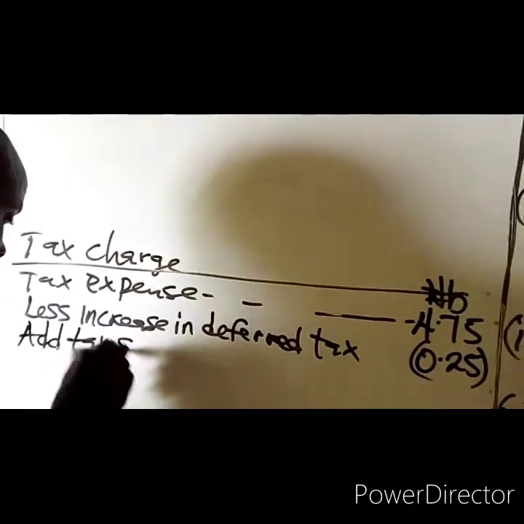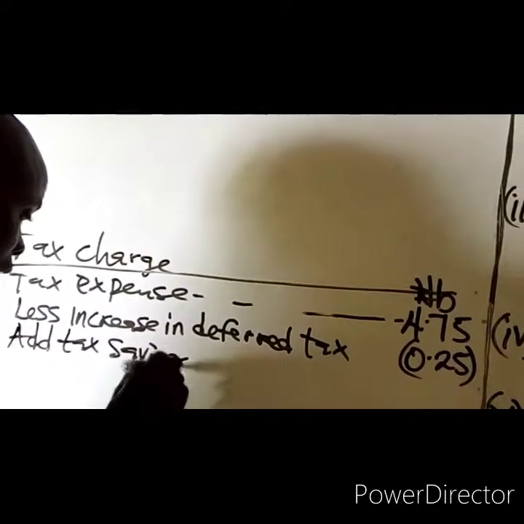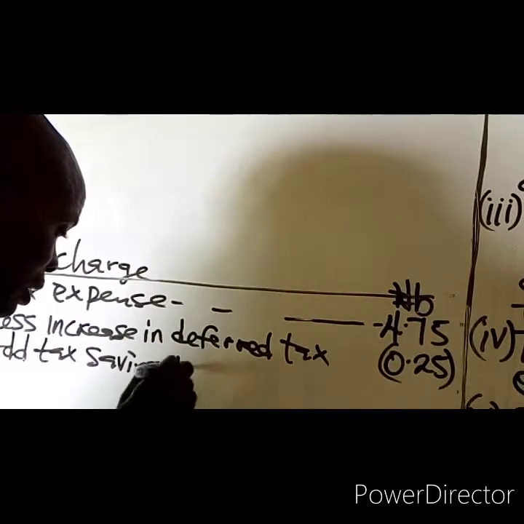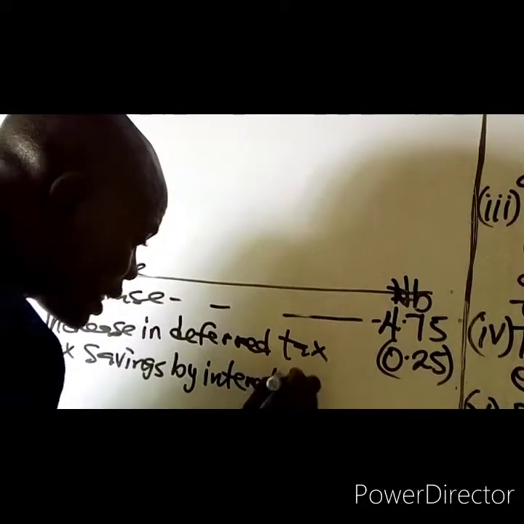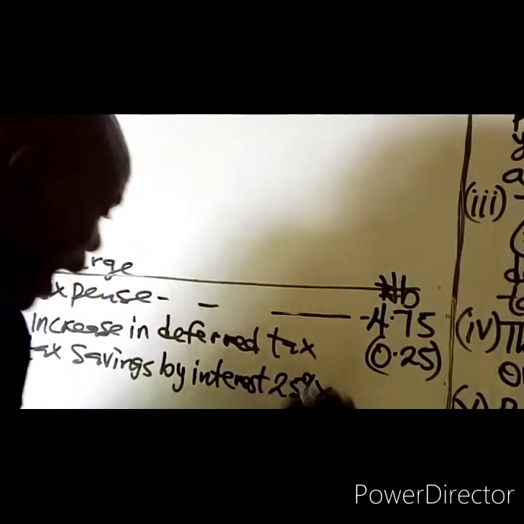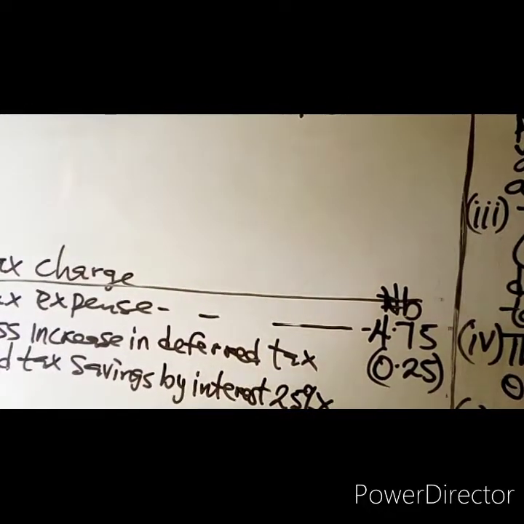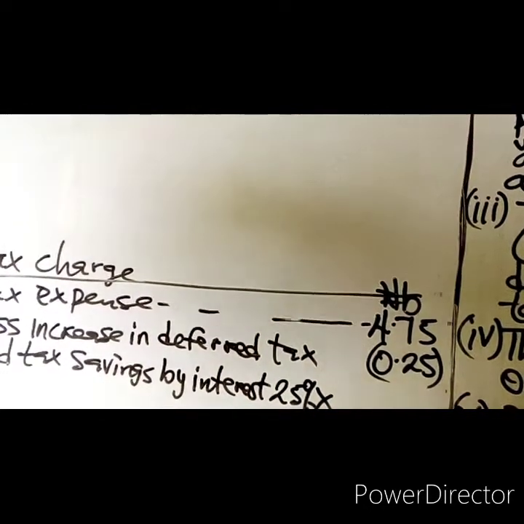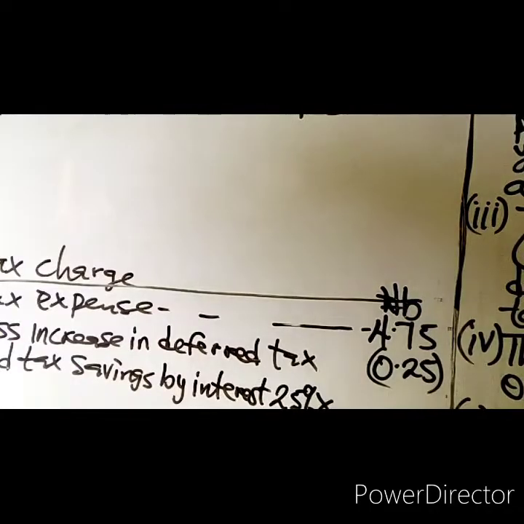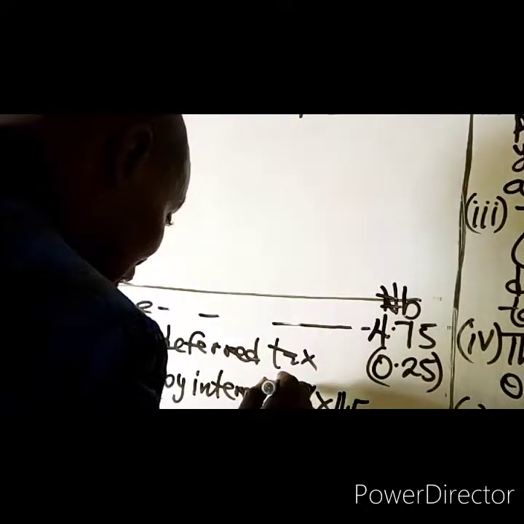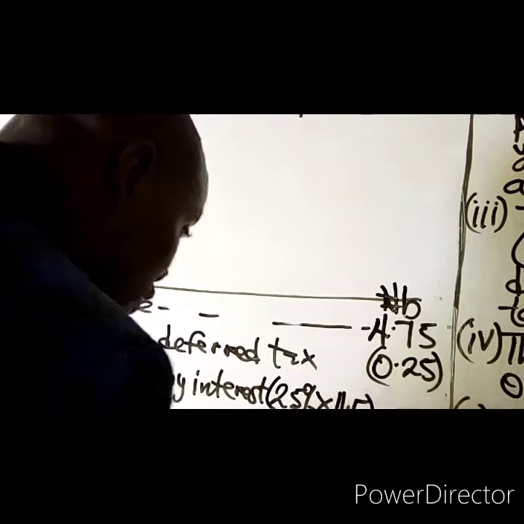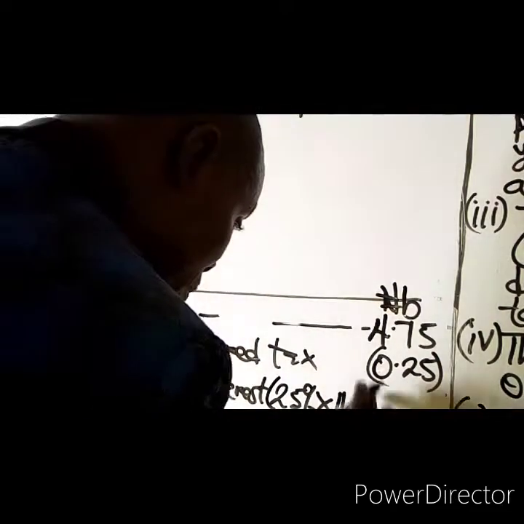Then you now add tax savings by interest. The tax rate is 25%, and the interest is 11.5. The finance charge is 11.5 billion naira.